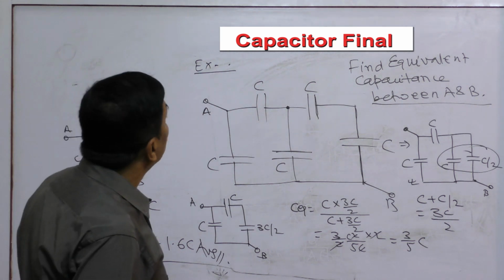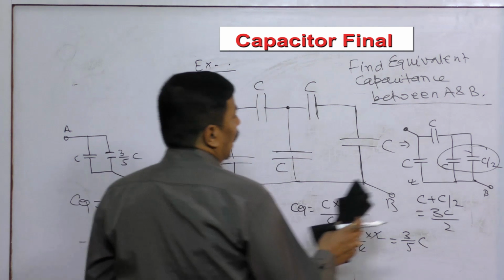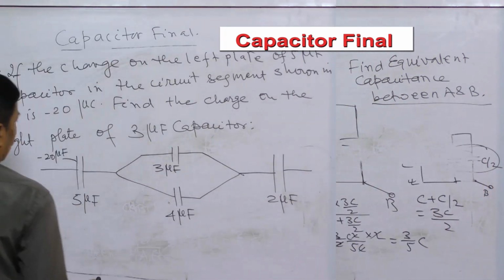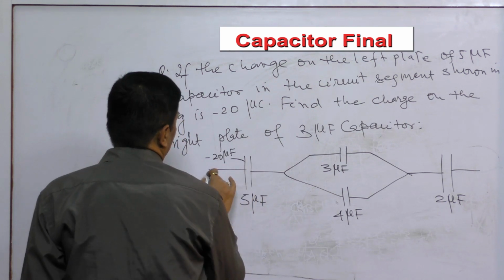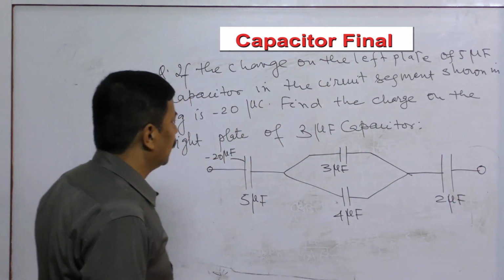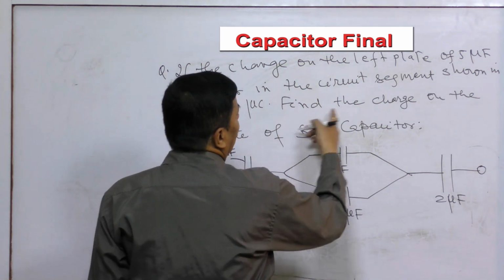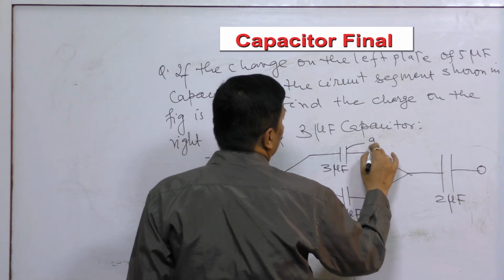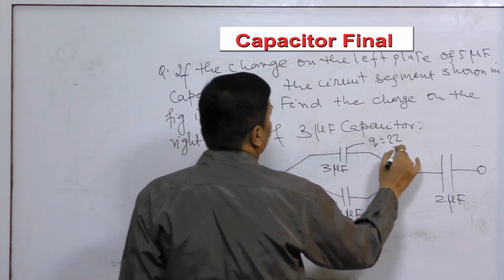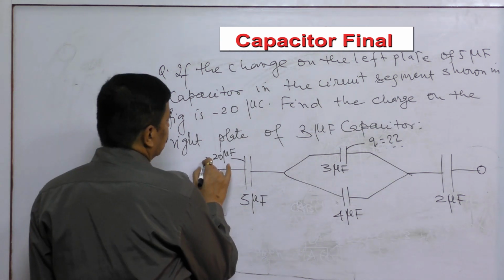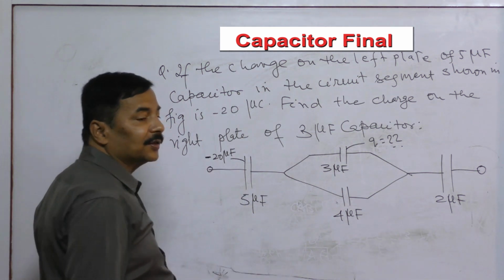Now we have to move to the next example. First note it down very carefully. Now see it carefully. This is your arrangement of capacitors, and find the charge on the right plate. Q is equal to how much, that you have to find. How to find? Here minus Q is there.